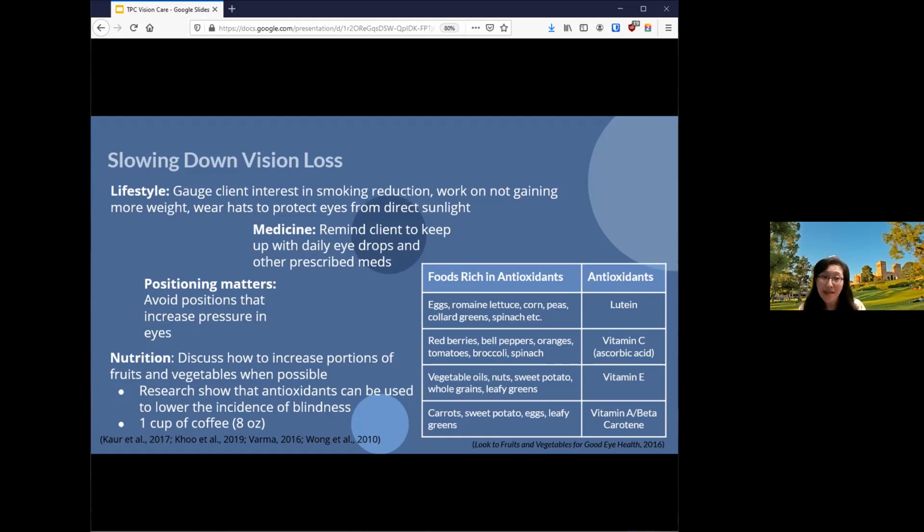Vitamin A, E, and C slow down cataracts and glaucoma progression, and are also effective in reducing the risk of macular degeneration. Some examples of foods that are good for their eyesight are listed in the table on the right. Some foods like eggs, leafy greens, and sweet potatoes have multiple antioxidants.